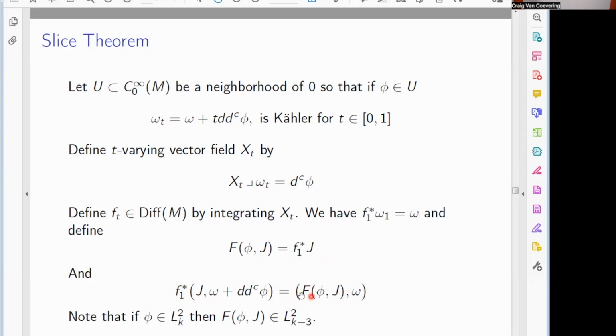So this is the Kähler isometry here with this almost complex structure with the original omega. You differentiate phi twice here, and then when you act on J, you differentiate again. So if phi is K differentiable, it takes it to a K minus 3 differentiable J here.